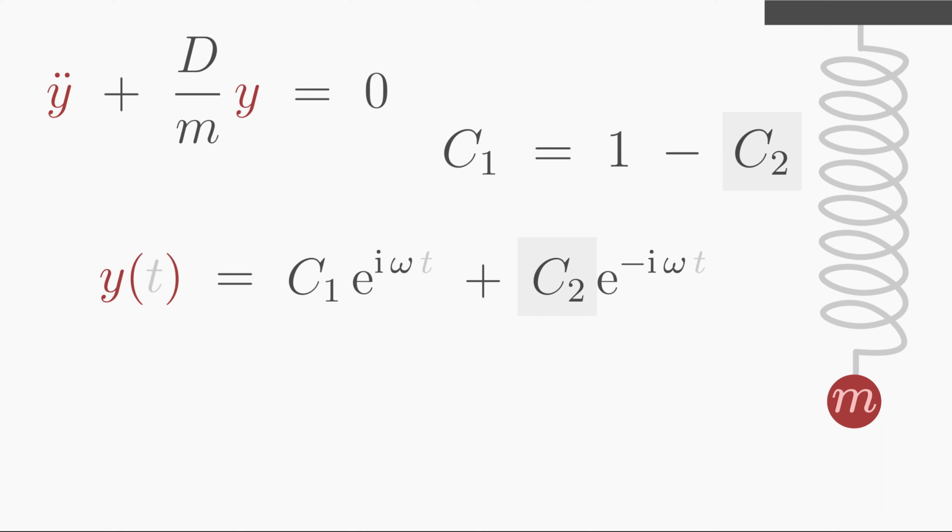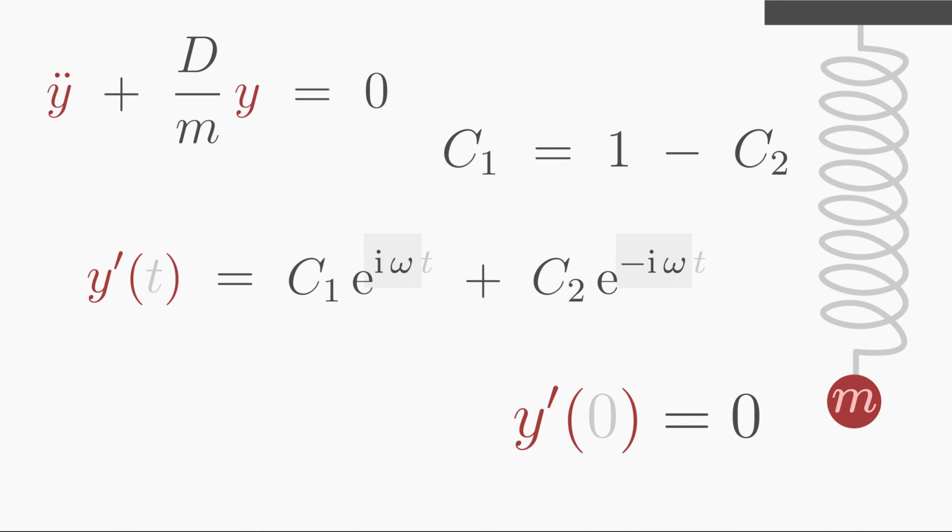Next step is to determine the unknown constant C2 using the second initial condition. For this we use the fact that at t equals 0, the velocity of the mass was 0. In physics you learn that velocity corresponds to the first time derivative of the displacement. So our second initial condition is given by y prime of 0 is equal to 0. So let's differentiate our general solution with respect to time t.